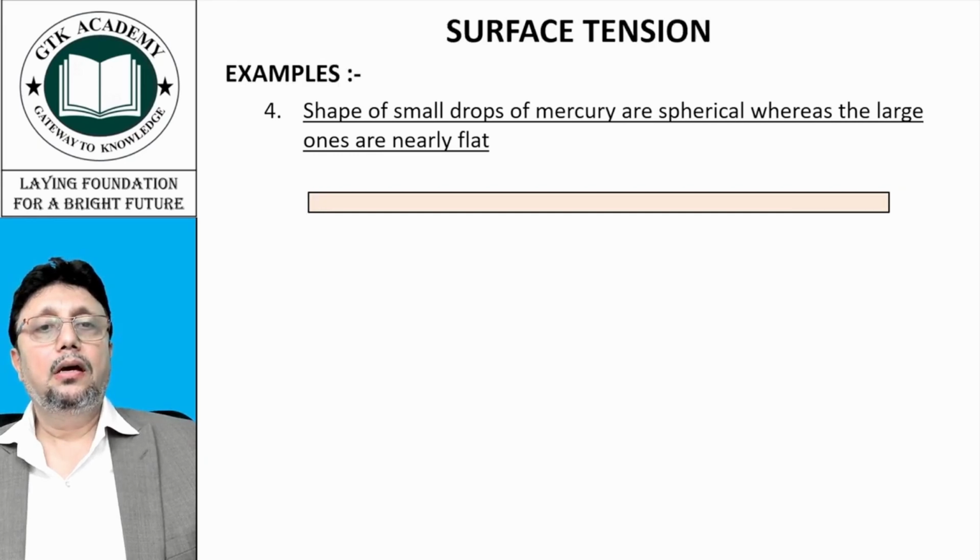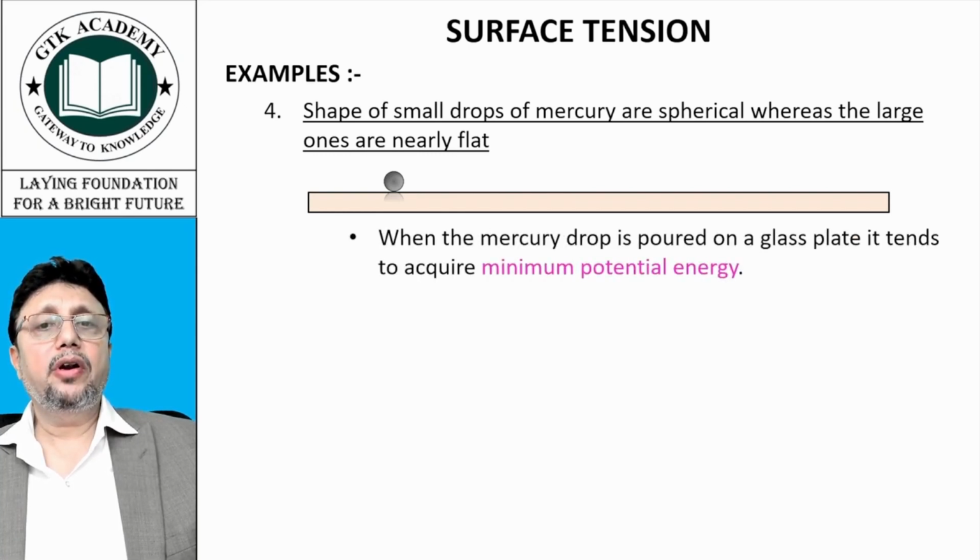If you take mercury on a glass plate in small quantity, it assumes a spherical shape. Now, when a mercury drop is poured, it tends to acquire minimum potential energy. Now, here there are two forces which are acting on this drop.